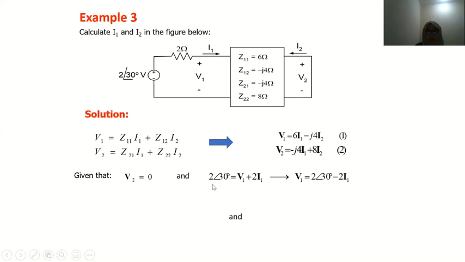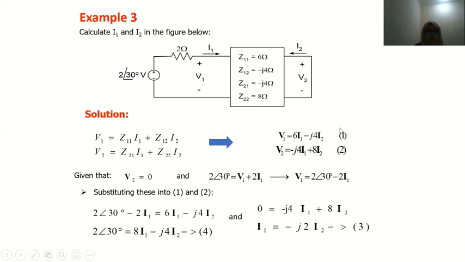Then your input voltage, 2 with 30 degree angle, is equivalent to V1 plus 2I1. So Vs is equal to V1 plus 2I1. You rearrange this input terminal equation, and you will get V1 equal to 2 with 30 degree minus 2I1, which is equation 1. Substituting this V1 into your first equation gives 2 with 30 degree equivalent to 8I1 minus j4I2.